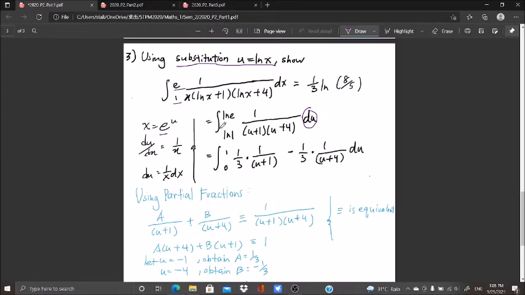If you didn't change your limits, after you are done you must remember to convert back into your x domain. If not, you will mistakenly put this limit inside your u domain and you will obtain a wrong answer eventually. So better we change it first. So we will get ln e, ln 1. Ln e you will get back 1, and ln 1 you will get back 0.